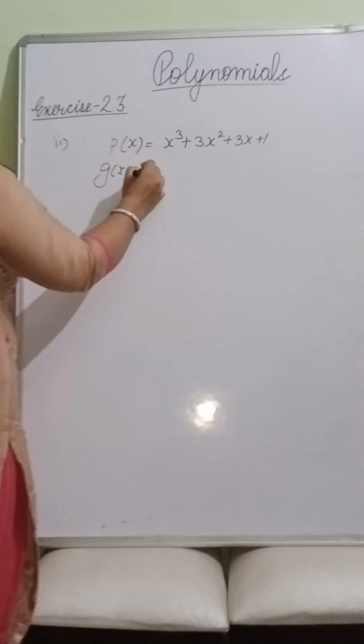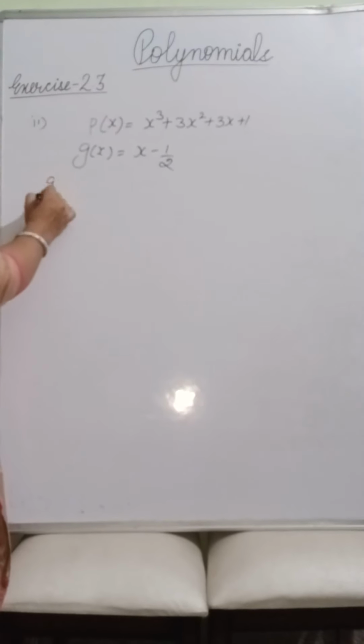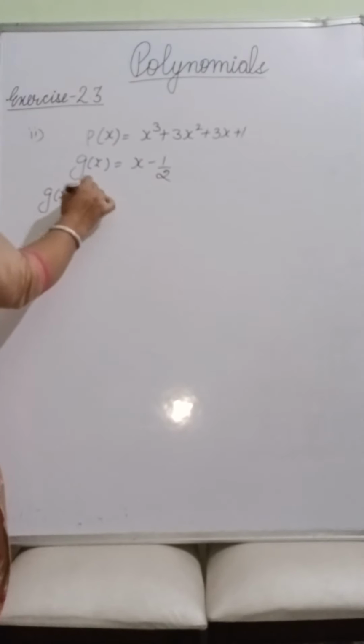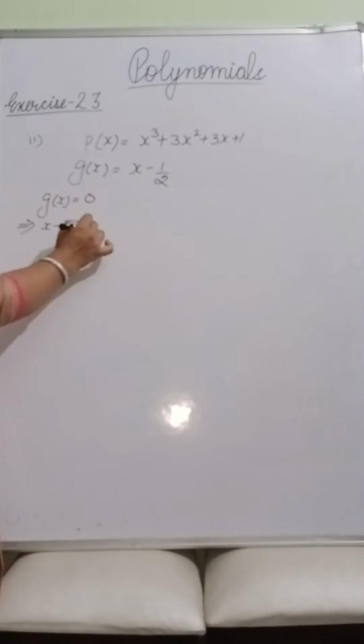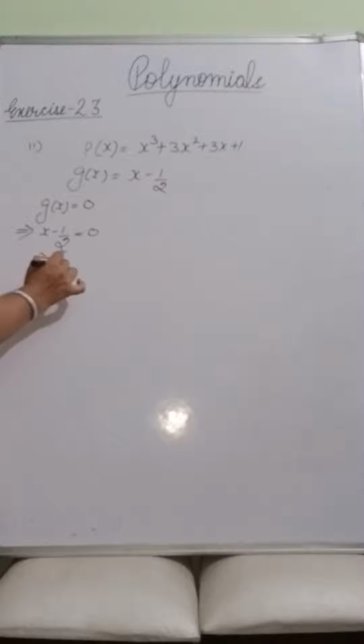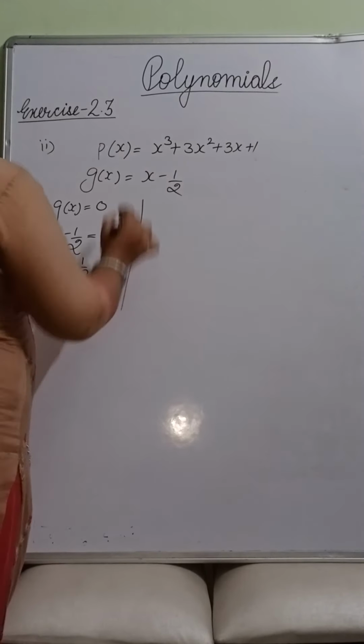Next, g(x) equals to x minus 1 by 2. Repeat the same process, g(x) equals to 0. This implies x minus 1 by 2 equals to 0. x equals to 1 by 2. So what you will find out?